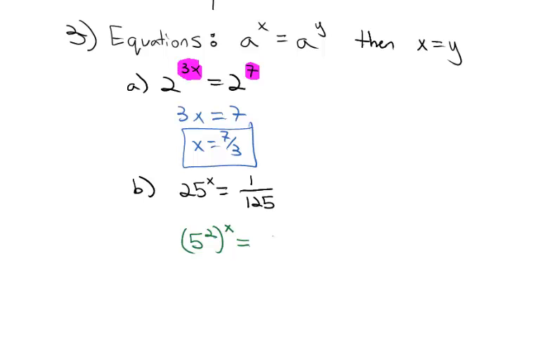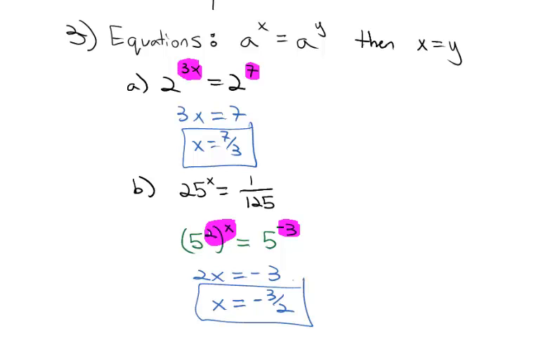Equals 125 is 5 cubed, and the way we make a fraction is if the exponent is negative. So now we've got the same base of 5. We've got 2x and negative 3. That must be equal. 2x equals negative 3. Divide both sides by 2, and x is negative 3/2.